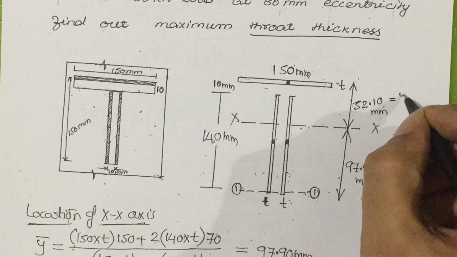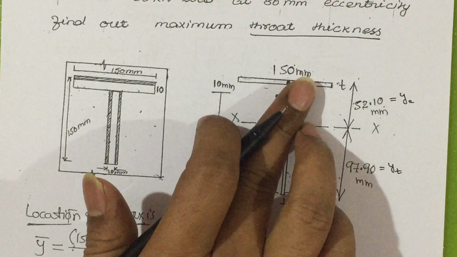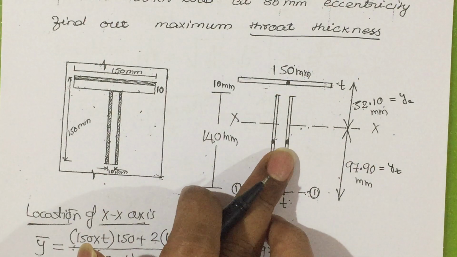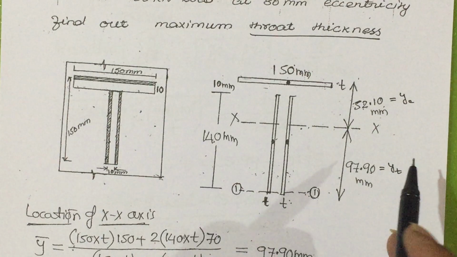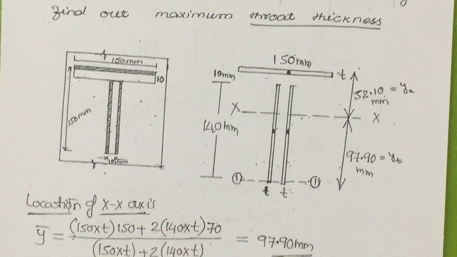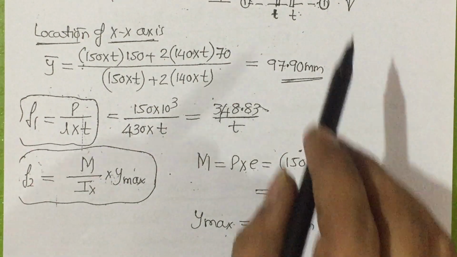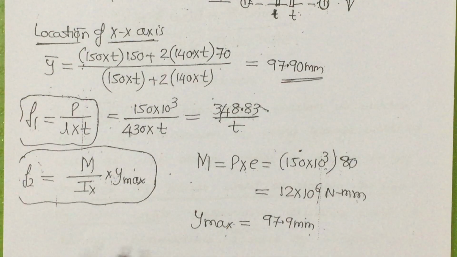Top fibers will be subjected to compression, bottom fibers will be subjected to tension. Out of these two values, whichever is maximum, you take that one. So we took y maximum as 97.9 mm.